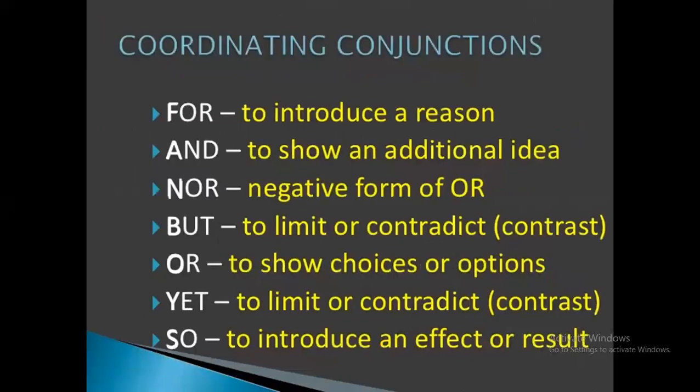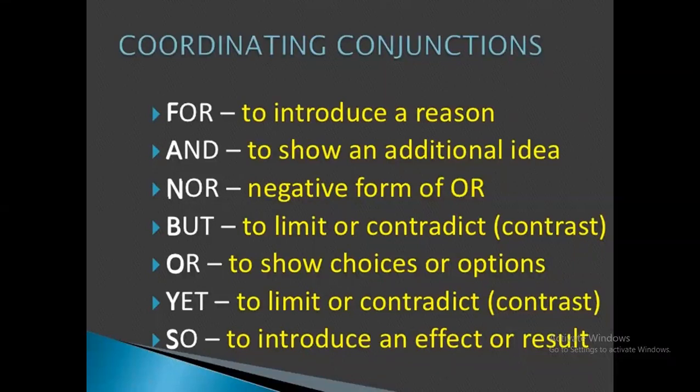Now this is the very easy list of coordinating conjunctions. I have given you this list earlier as well. If you see Fanboys, this is called Fanboys, and this is a list of coordinating conjunctions: for, and, nor, but, or, yet, so.